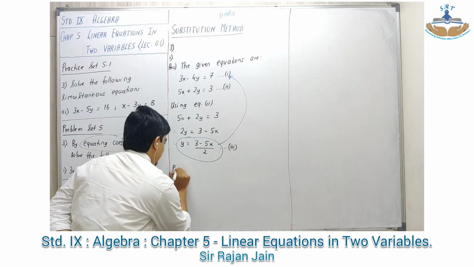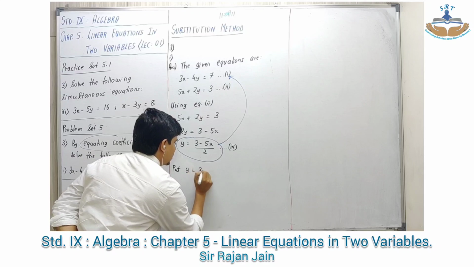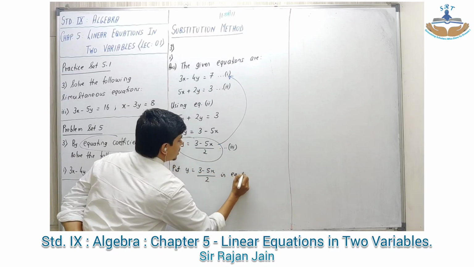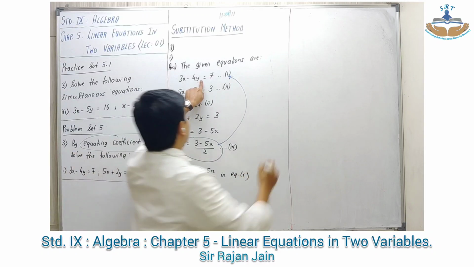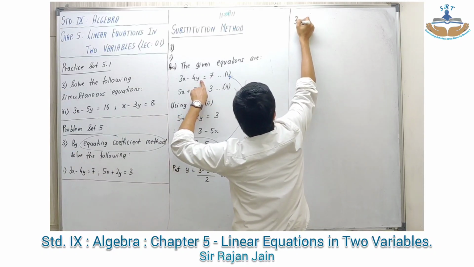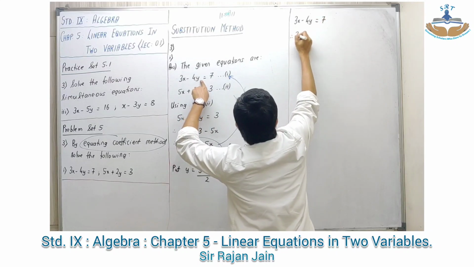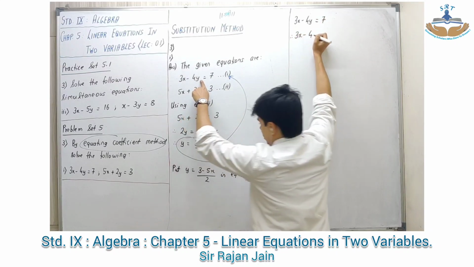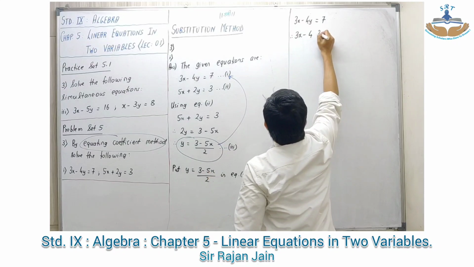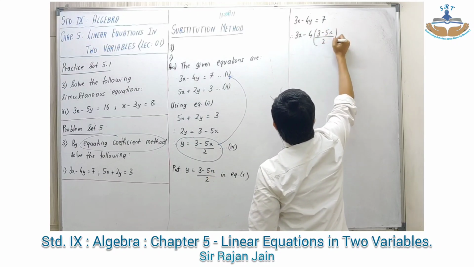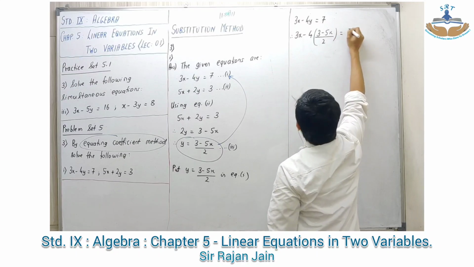So I say put y equal to 3 minus 5x upon 2 in equation number 1. Now your equation number 1 is this: 3x minus 4y equal to 7. 3x minus 4, y के जगह पे क्या है? 3 minus 5x entire thing upon 2 is equal to 7.